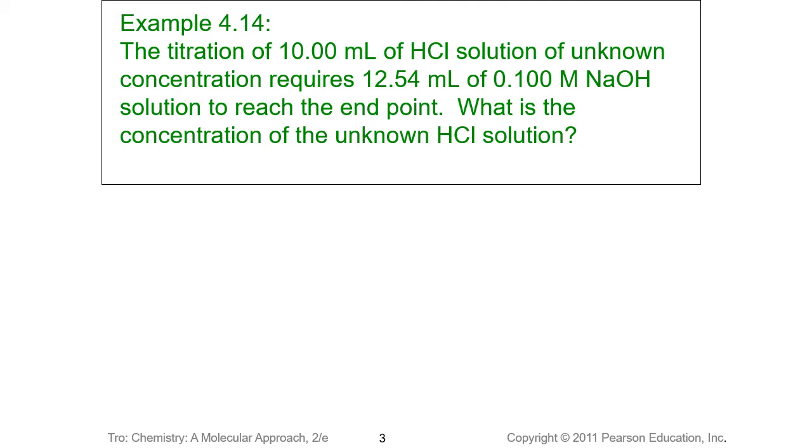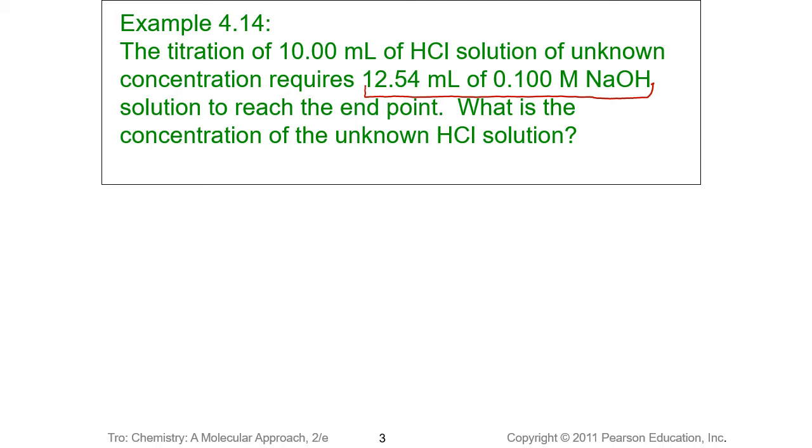This is just like solution stoichiometry we've done before. We can start with the solution we have the most information about. We are also going to have to know our chemical reaction so that we know what our stoichiometry is.